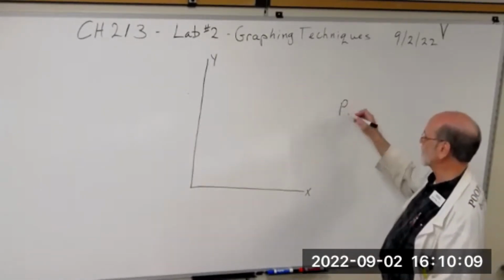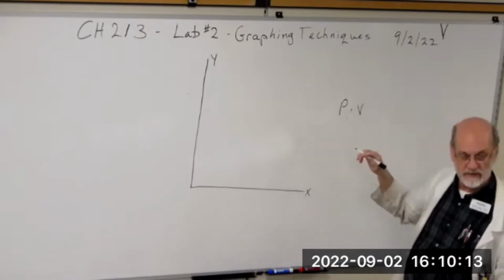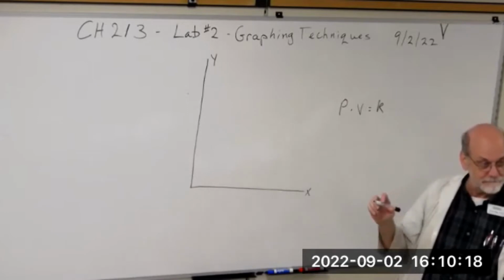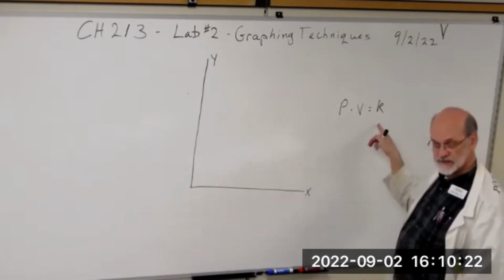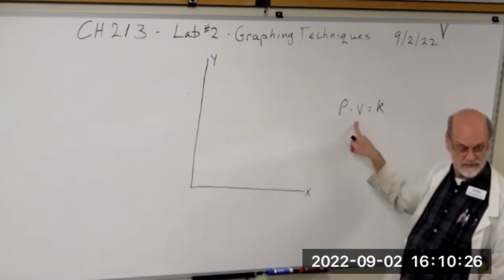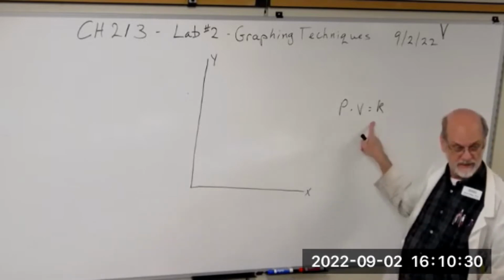Boyle's law says that the pressure of the gas times the volume under those conditions is equal to a constant value. Okay? So you can see from the formula that if this is constant, if that goes up, this one has to go down to keep that constant. And vice versa.